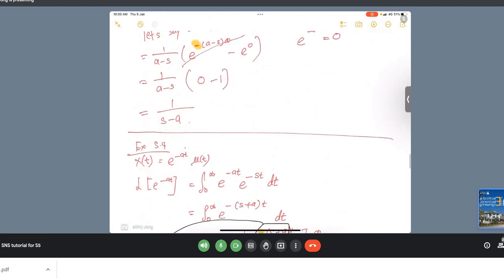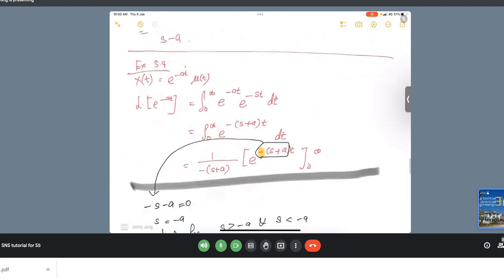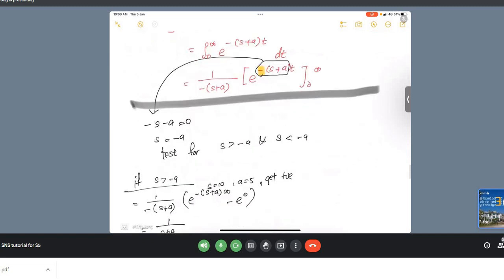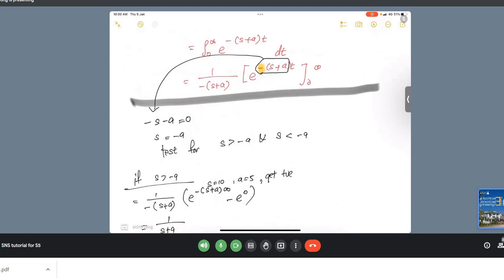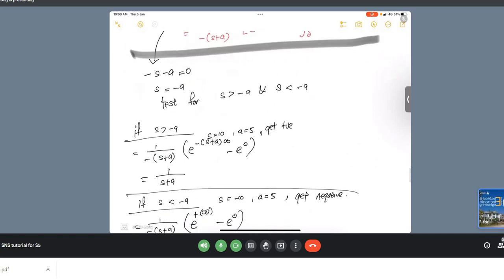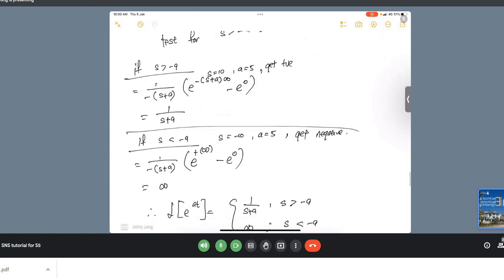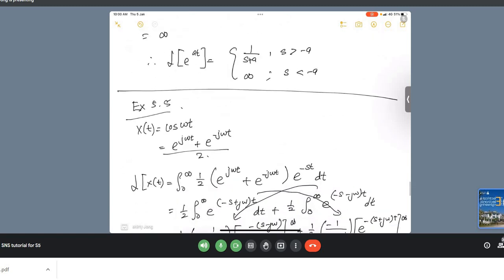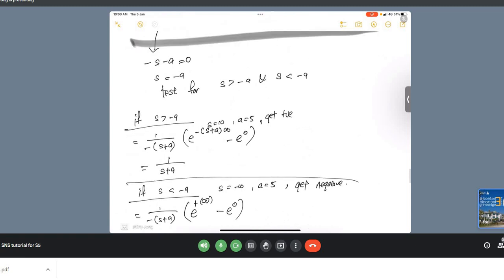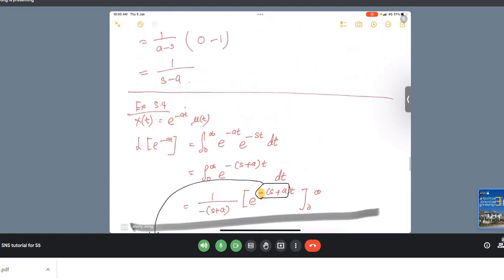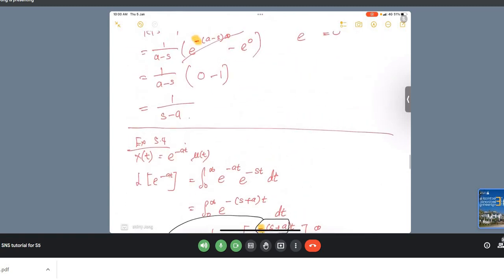This one also the same. But this one I think is this question. If you test more than negative a, you have value. Less than negative a, this one also the same. I think you have to test first lah, to be sure.